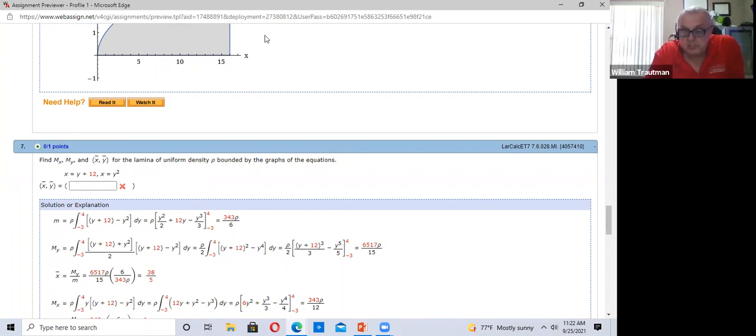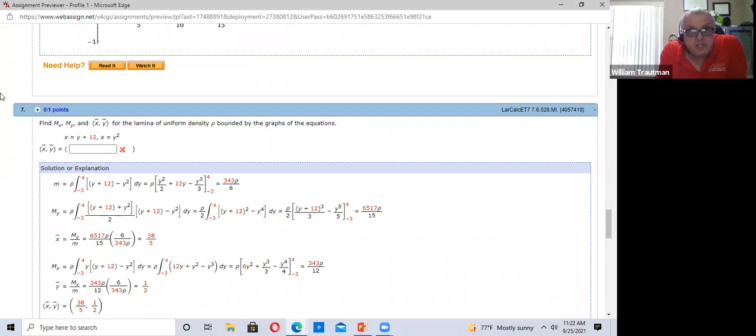It says find the moment Mx, moment My, and the equilibrium point for the lamina of uniform density, and they give us 2 formulas here, x equals y plus 12 and x equals y squared. So these are the 2 functions. You can call them f and g, whatever we want to call them.